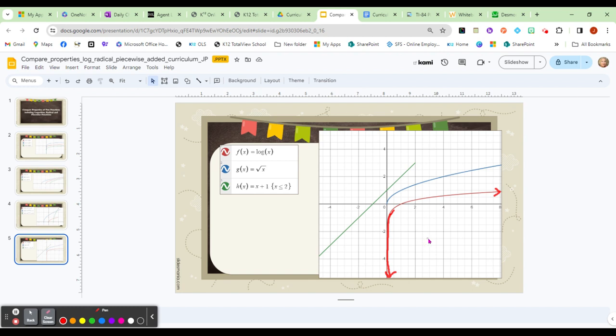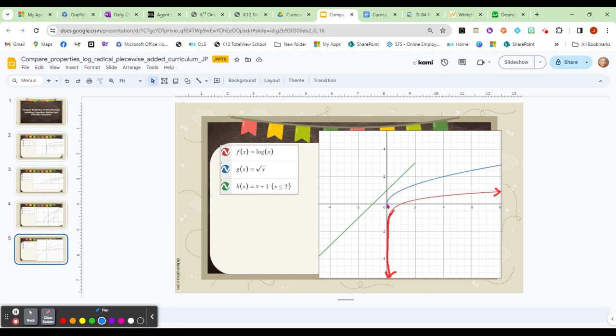So the log function is actually infinite on the left end and the right end. Okay, it's a curve. So if we look at the blue graph, it's also a curve. So the radical graph is a curve and the log function is a curve. That makes them similar. They're both curves.